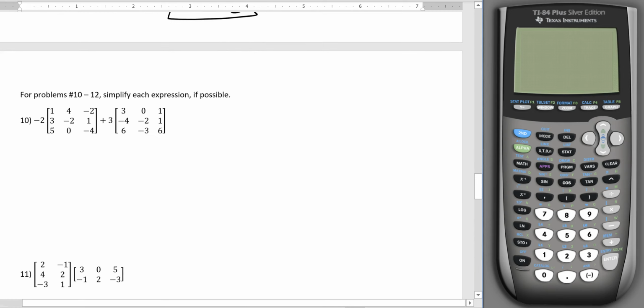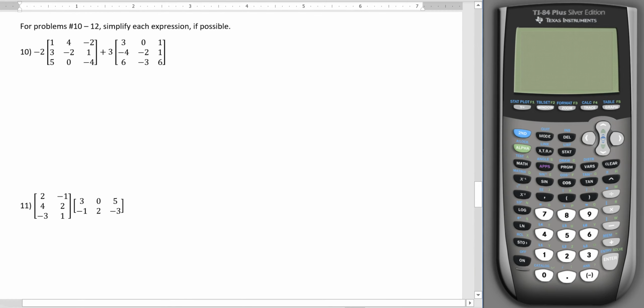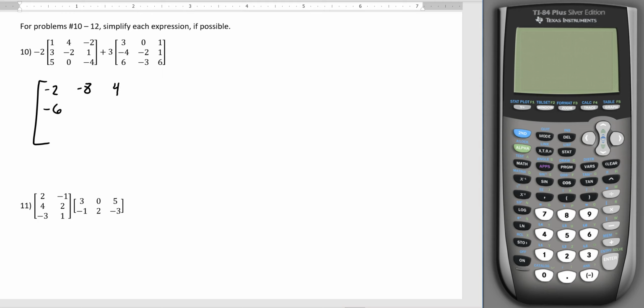Excellent. All right, 10 through 12, simplify if possible. Okay, number 10, we're multiplying some matrices by a constant and then adding them together. Awesome. Let's do the multiplication first. Remember, we just multiply every term in the matrix by that constant. So we're going to have negative 2, negative 8, 4, negative 6, 4, negative 2, negative 10, 0, 8, plus, now let's do the second one.